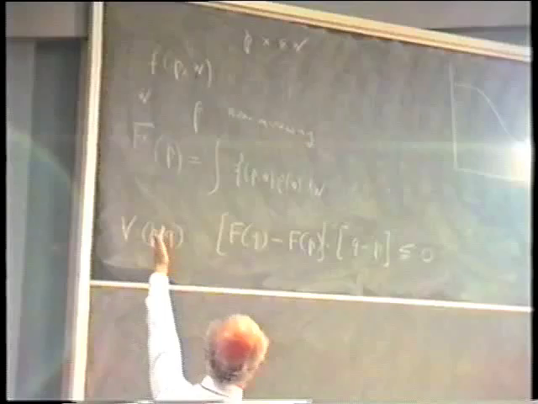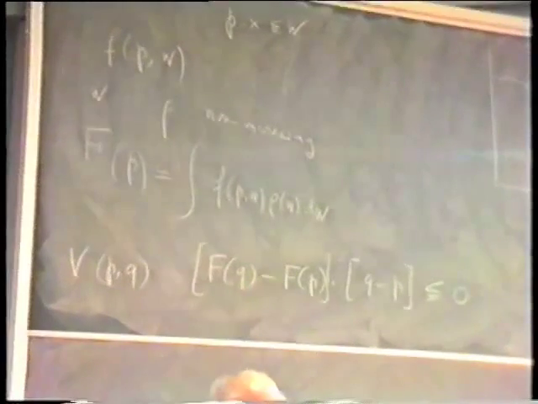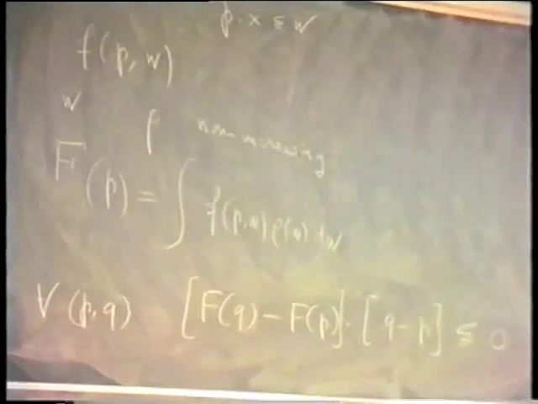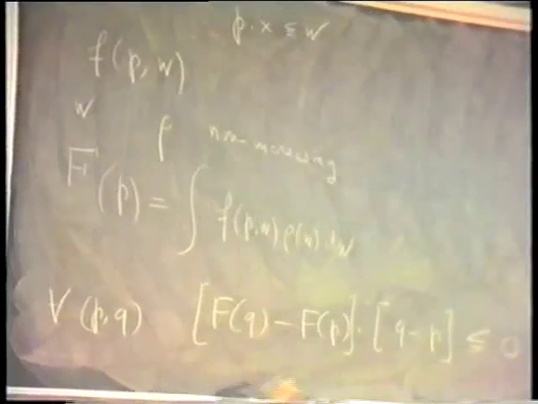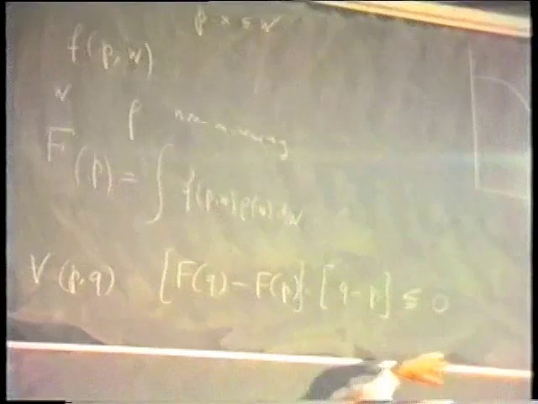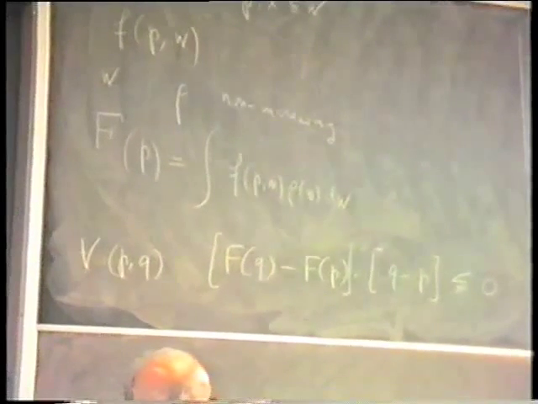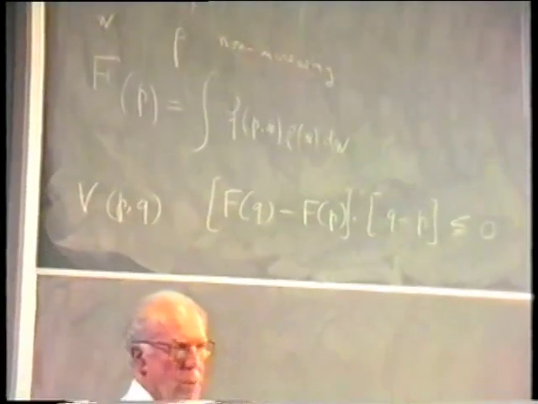Then, assuming that the density of the distribution of expenditures is non-increasing, the aggregate demand will have this strong monotony property. If you make it just a little stronger, if you have here strictly negative when the two vectors are not collinear with each other, then this means that there will be a unique equilibrium. It's a very strong property.